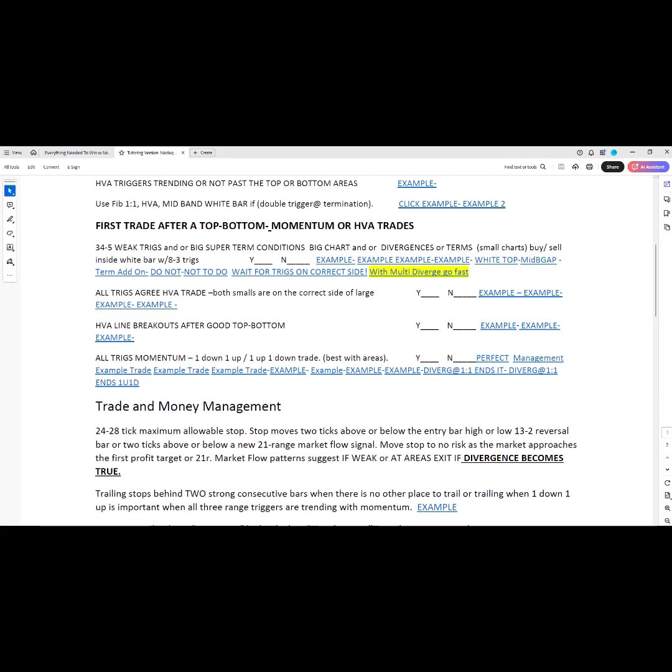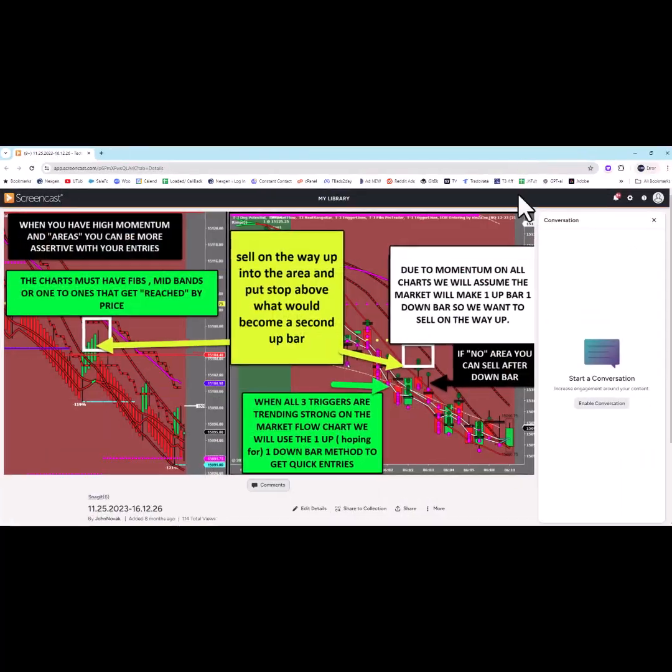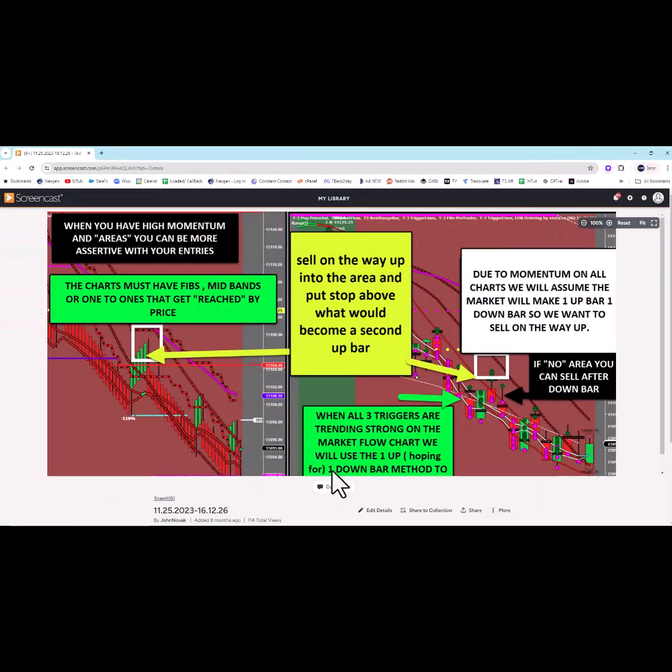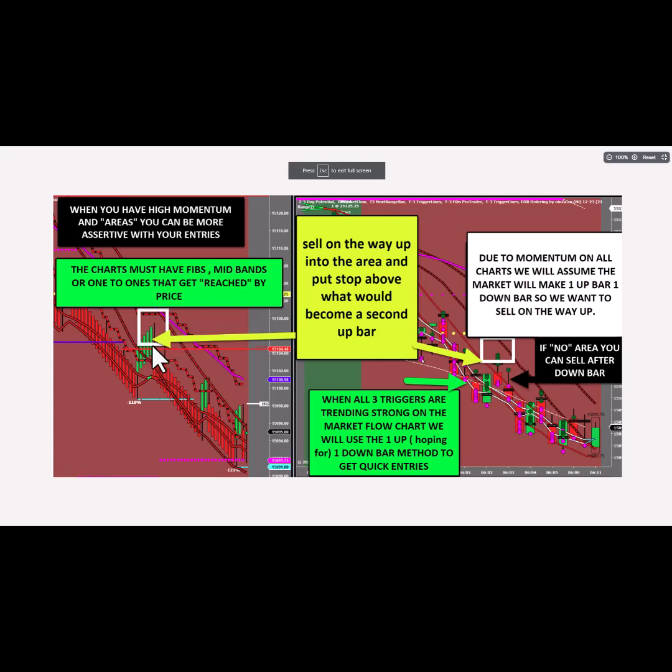Here's an example where, let me take another look. I'll give you guys these if you want, but this is the same logic. Again, I always say that it's better if you have some type of Fibonacci area with the one up, but you're selling one up with the hopes that you continue down to your target, wherever your target is.